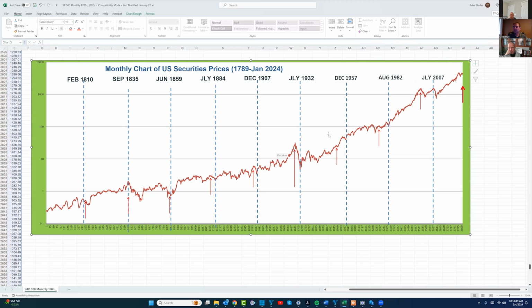Well, I recalled, because I have this book, and if I showed you the cover, it's so tattered and worn, it's hardly stayed together. But in the book, Garrett has a chart of the Dow Jones Industrial Average since inception on a monthly basis.